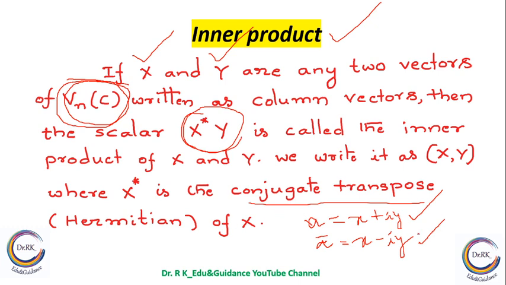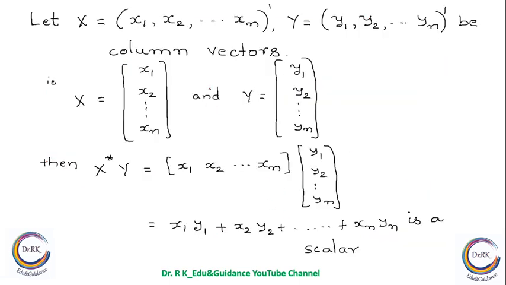Now take its conjugate and transpose, which is x star, and its product with y is called the inner product. If it is over a set of real numbers, this conjugate won't be there; it simply becomes a transpose. X transpose y is called the inner product if it is over a set of real numbers. Suppose x1, x2, so on xn, and y1, y2, y3, so on yn are two column vectors.